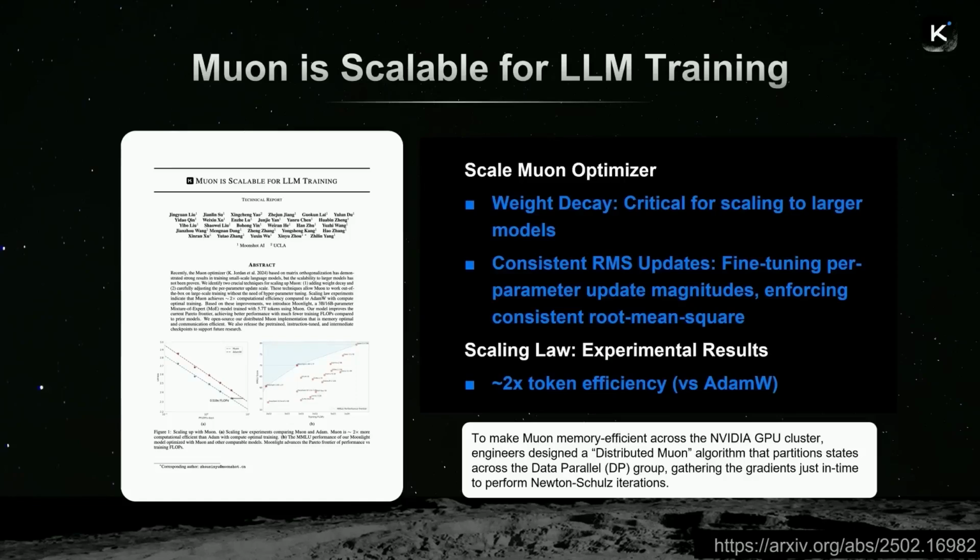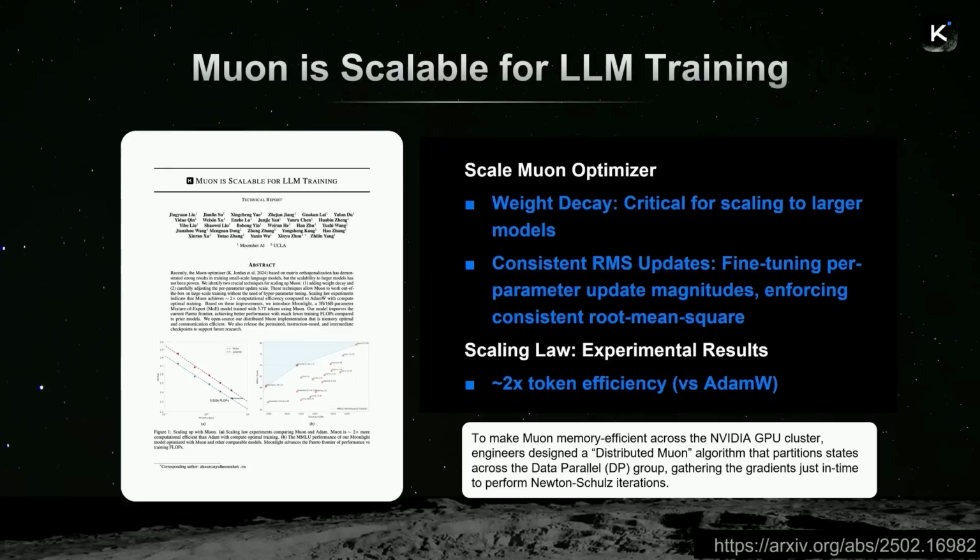These are 2 key techniques that we employ to make it effective for large-scale training. One of them is weight decay, which is critical for scaling to larger models. The second is that we want to ensure consistent RMS updates compared to Adam. So we have an adjustable coefficient applied to each update, so that the resulting RMS is comparable to Adam.